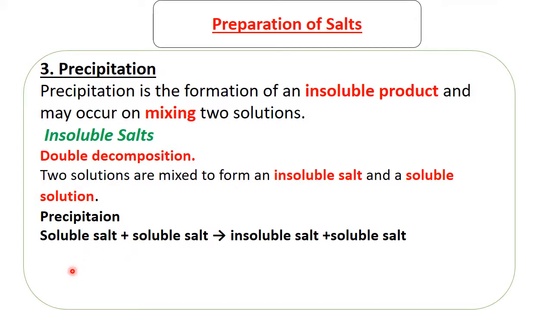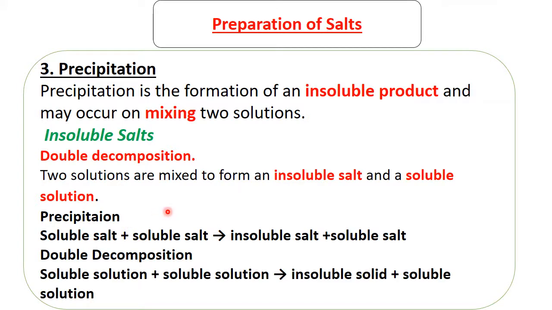But double decomposition in general is like this. We have a soluble solution mixing with another soluble solution to form an insoluble solid and a soluble solution. As you can see, the soluble salt here is, of course, the soluble solution. Soluble salt, we assume, or usually, is a salt that has already been dissolved in water for this reaction to be possible.